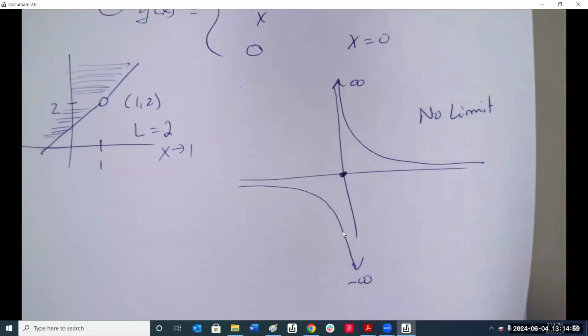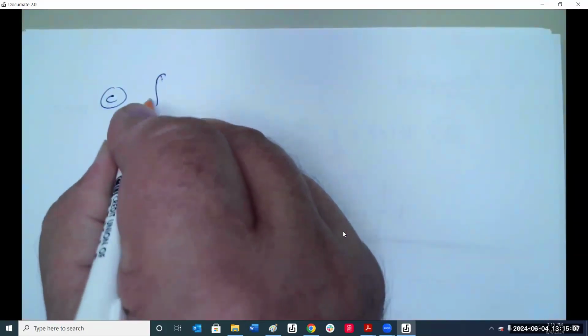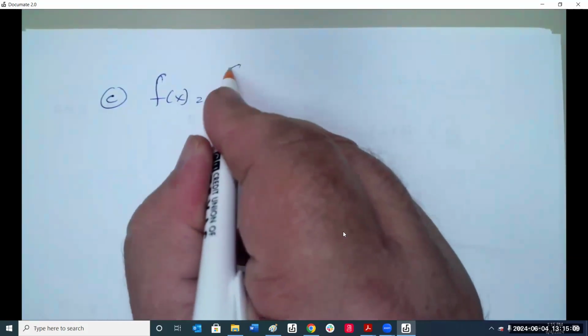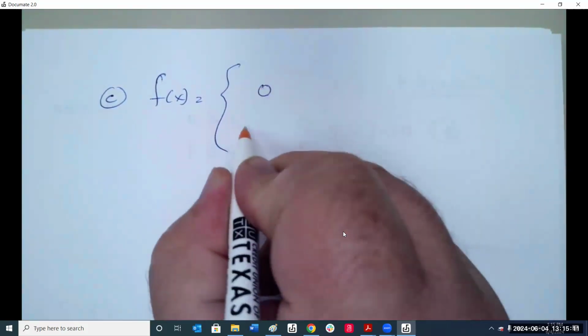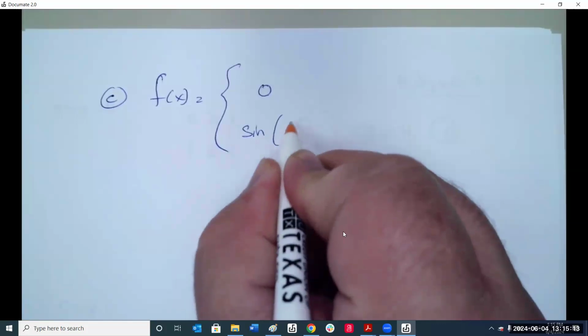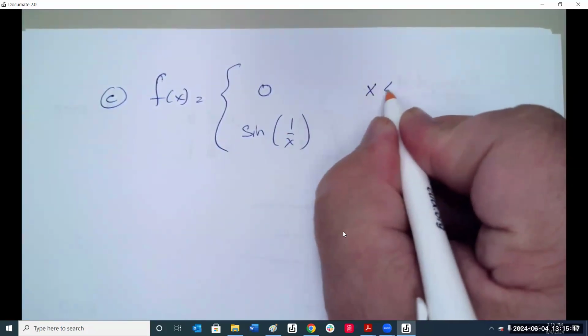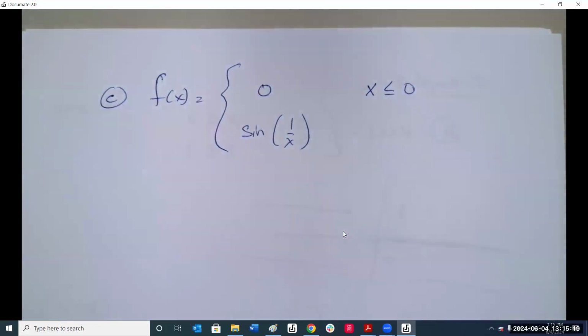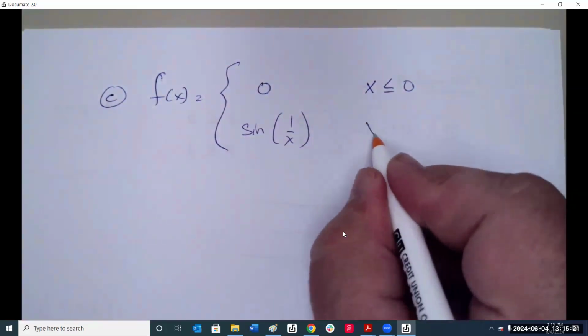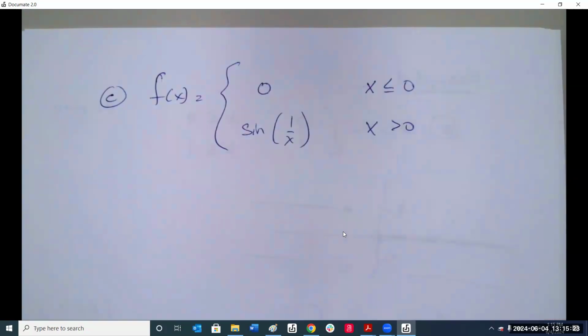And then the third one is f of x, 0 or sine 1 over x. Oop, x is less than 0. I should change that. And x is greater than 0.